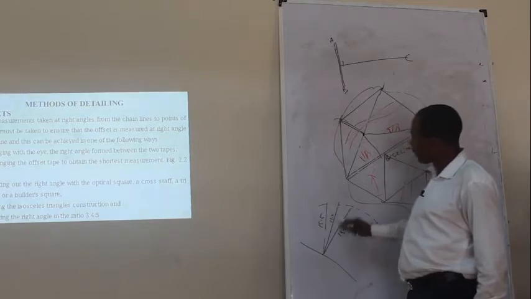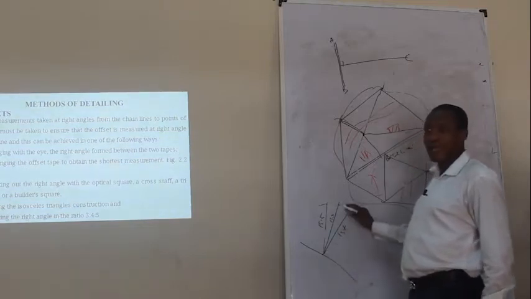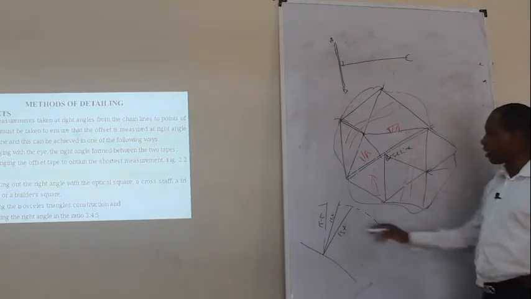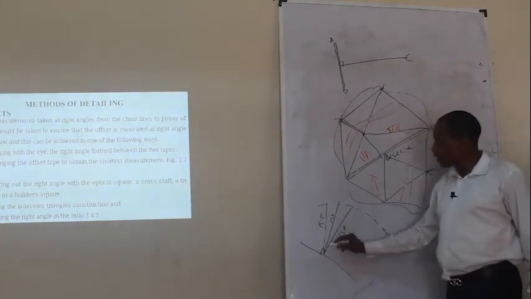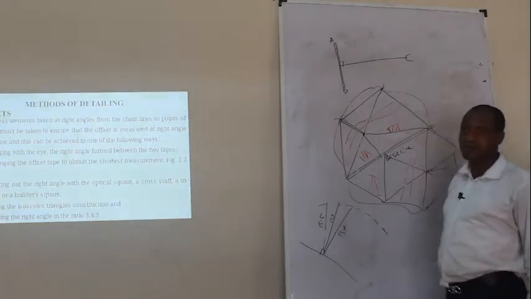The shortest distance from this point to any of your swing lengths is going to be the perpendicular. So we fix that one as the perpendicular line because it is the shortest.